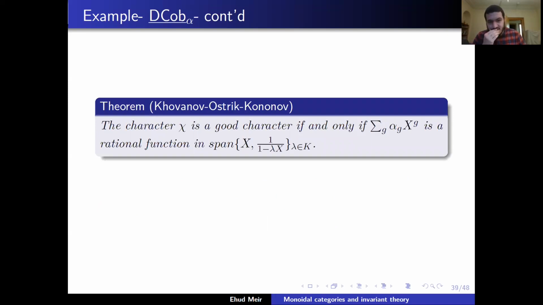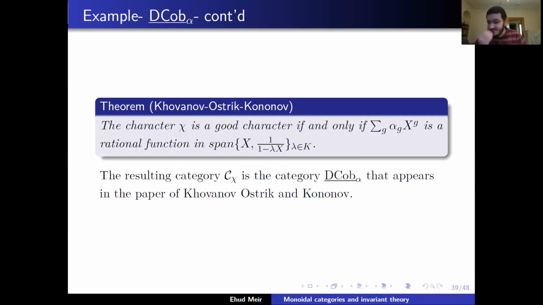Okay, so this is the theorem that Khovanov, Ostrik, and Kononov proved: the character chi is a good character if and only if, when we look at this formal expression, the sum of alpha g x to the g, this is actually a rational function, and it is even a rational function of a specific sort. It is contained in the span of x and 1/(1 minus lambda x).